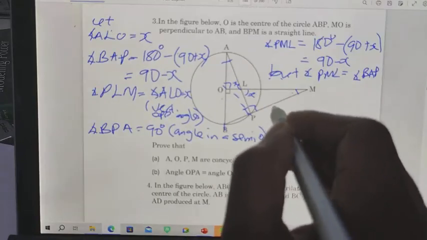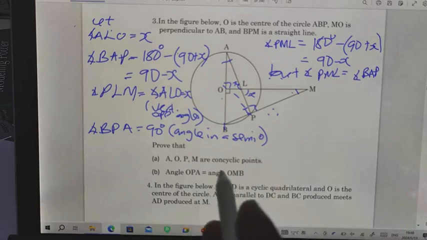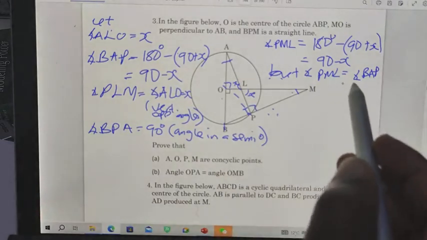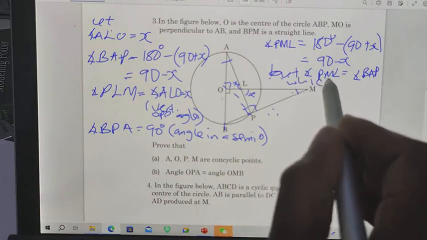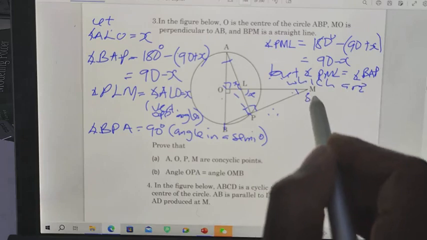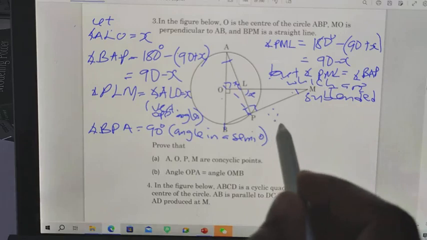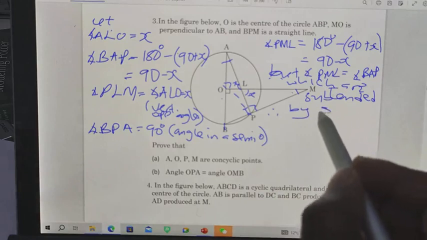Then we can say therefore those points are concyclic. We can say that one is equal to that one, which are subtended by the same line.